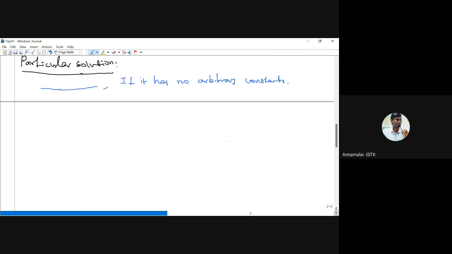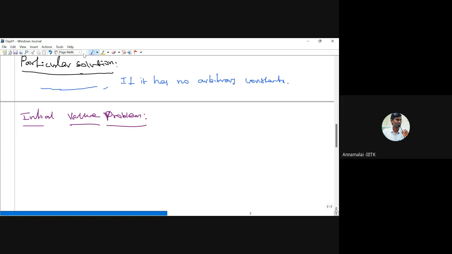Now, the next one is what do you mean by initial value problem? When we say a differential equation is said to be an initial value problem, it is a differential equation with some conditions.